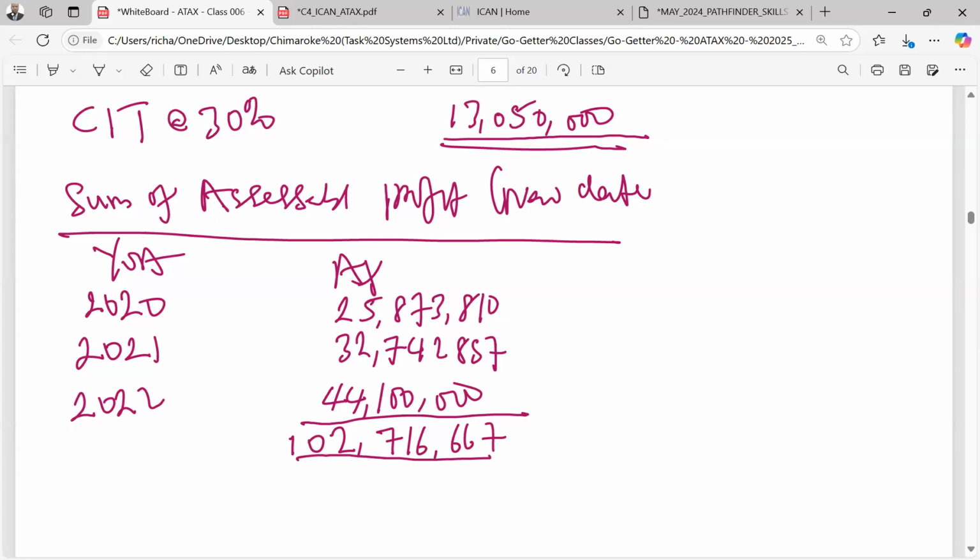In our next class, we are only going to be taking a question on commencement and cessation mostly, because we have seen change of accounting date. But if there's time in the next class, we can still do one more in change of accounting date. That will wrap up the class on this topic.